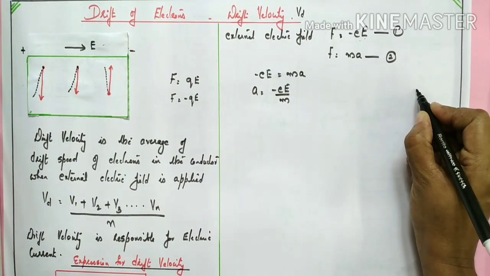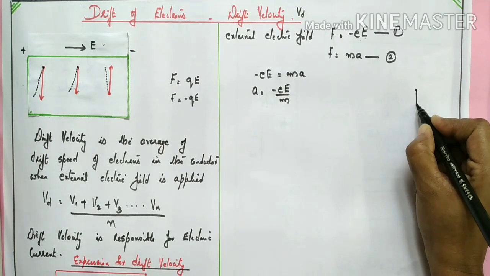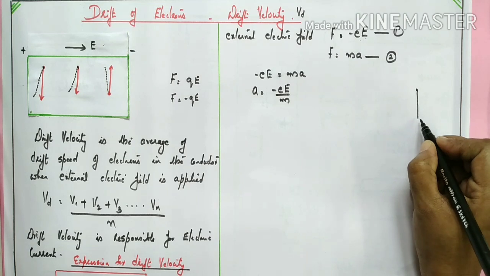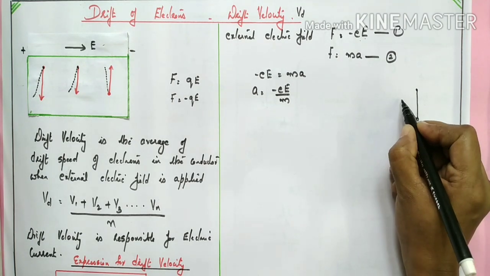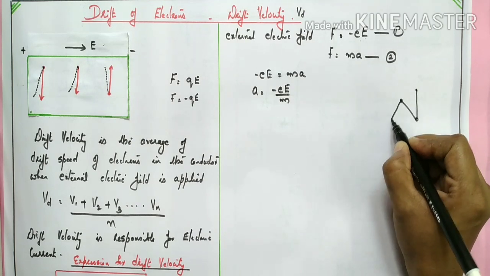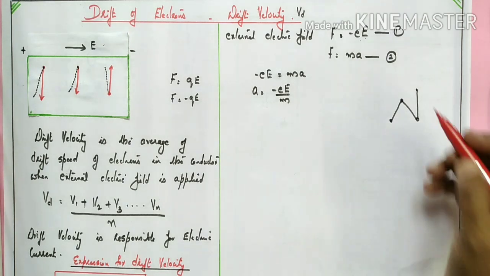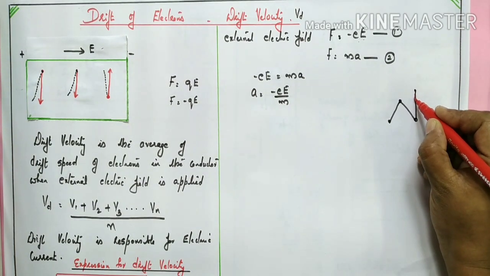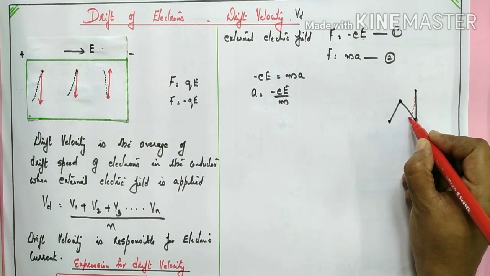Now we consider the electron in the absence of an electric field: it will be moving in a straight line. It collides with another electron and moves in this direction. It collides with this electron, moves in this direction, and so on. If an external electric field is applied, what happens? It will be shifted. This electron will be shifted like this, and this electron will be shifted like this.